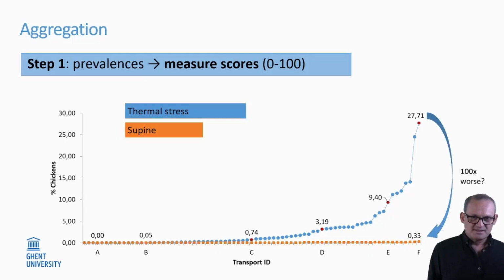So the question is, is it fair to say that thermal stress is 100 times worse than 0.3% of birds being supine? And that probably is not correct.